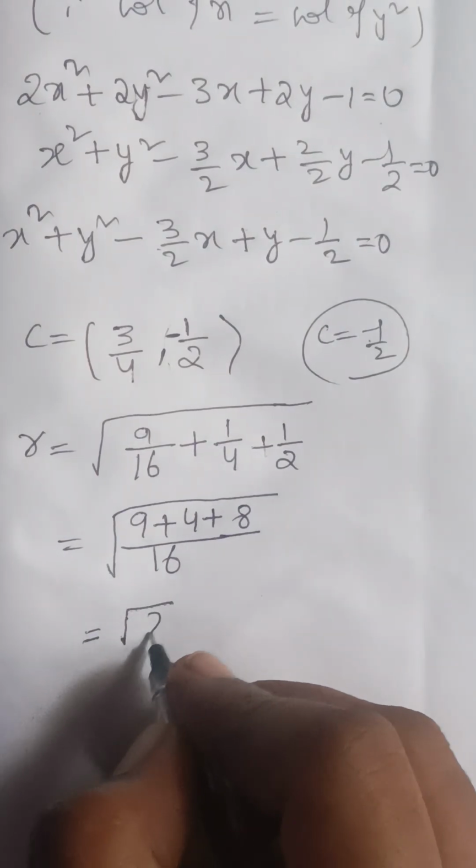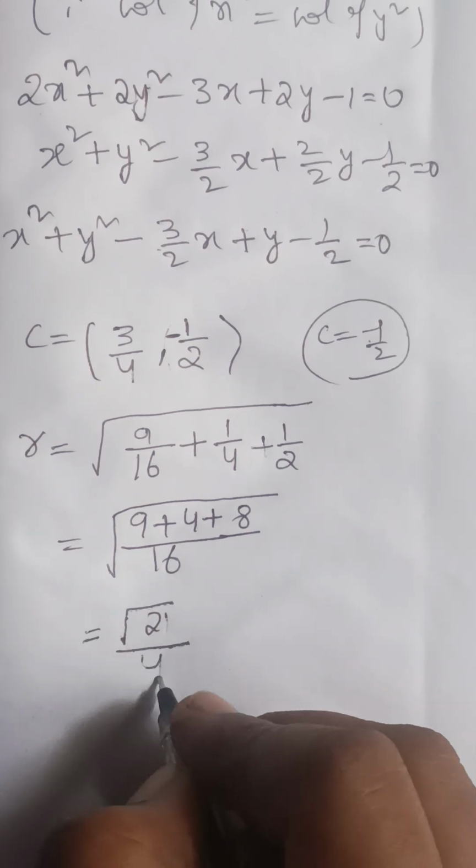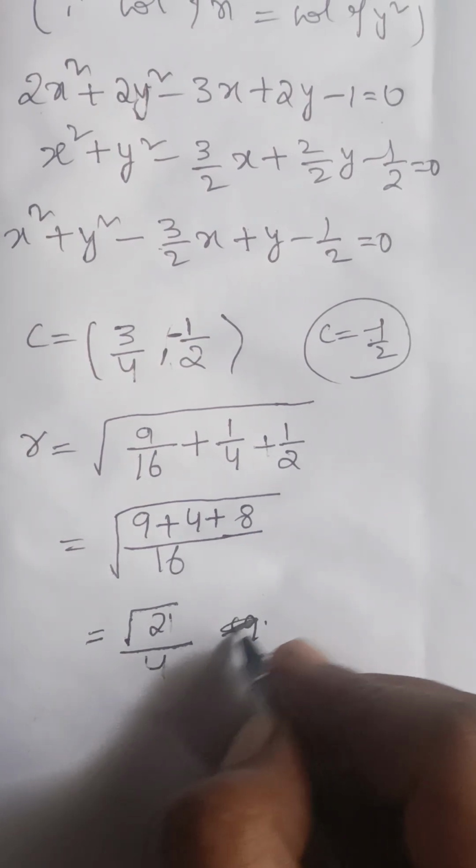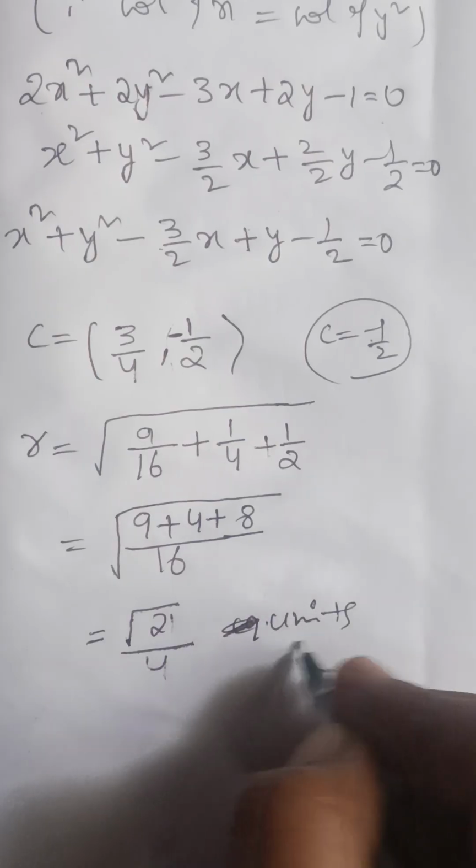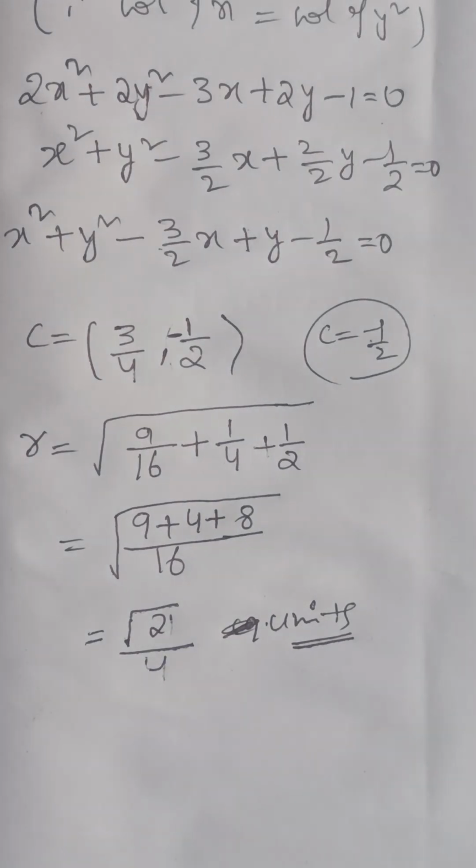So root 21 by root 16 is root 21 by 4 units. Sorry, it is just units, because it is a radius.